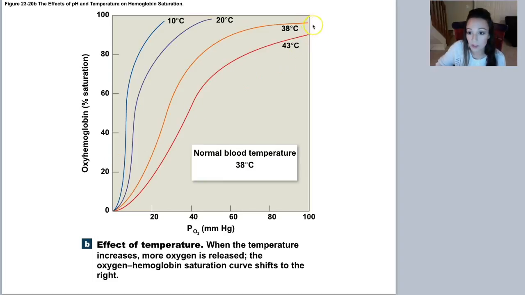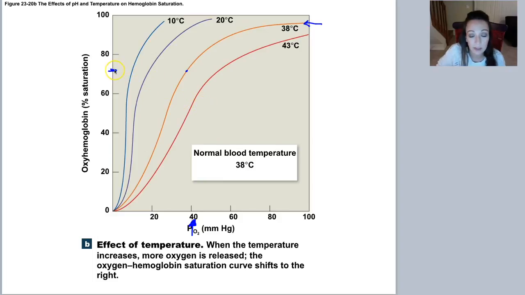So I just want to point out to you here, 38 on this graph is about the most normal temperature we have on this graph. So we're going to say that this line right here, this oxyhemoglobin dissociation curve, is the normal one. And so here at a partial pressure of 40 millimeters of mercury, we can see that our hemoglobin is about 75%.